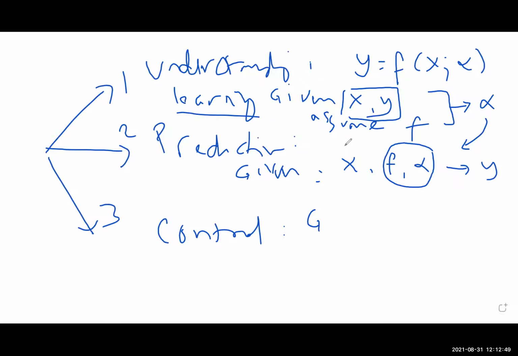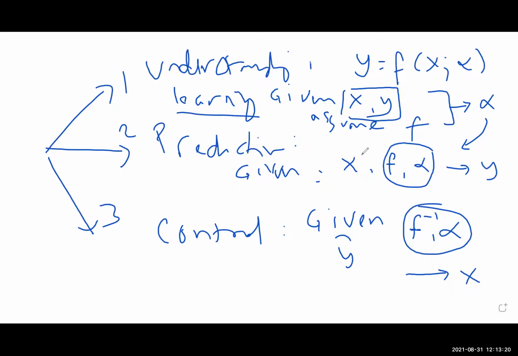It means given, again, you have the F and alpha, this is given, and given the Y, which is your target, then what you want to get is the X. Of course, this is not possible unless you have what is called an inverse function, not the function itself but its inverse. Up to here, is there any question?